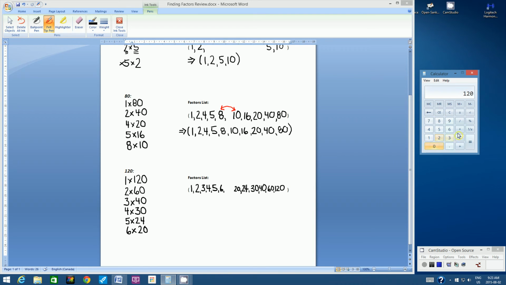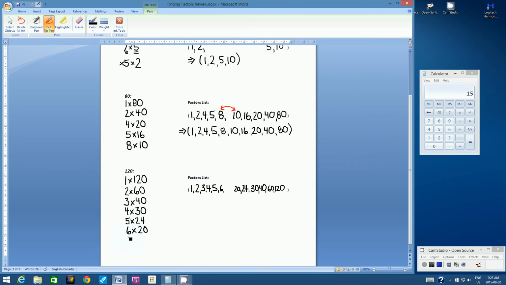So let's just use our calculator. 120 divided by 8 equals 15. We get a whole number. So we know that 8 is definitely a factor. 8 times 15. Okay, so let's add that to the list. 8, 15, getting really crowded here.